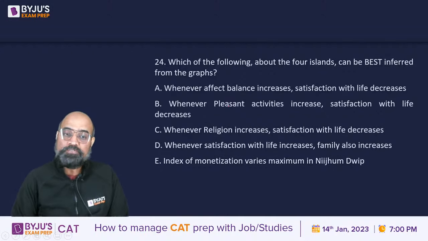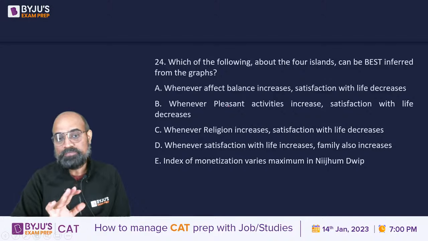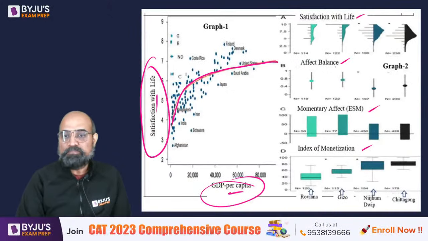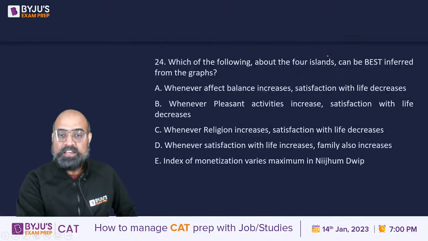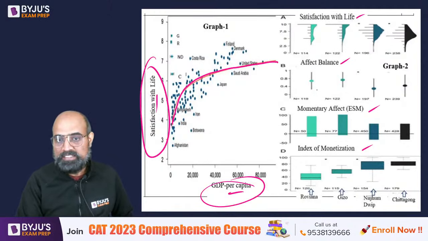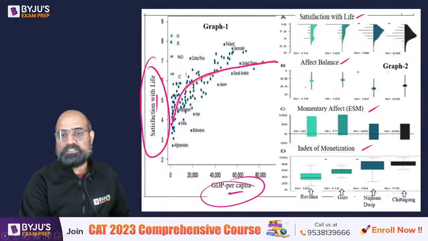24th, which of the following about the 4 islands can be best inferred from the graphs? Whenever the affect balance increases, satisfaction with life decreases. So whenever affect balance changes, satisfaction with life decreases.